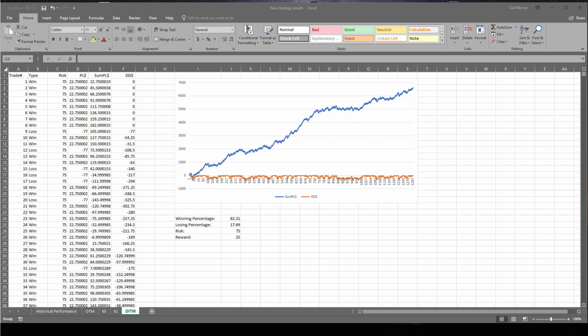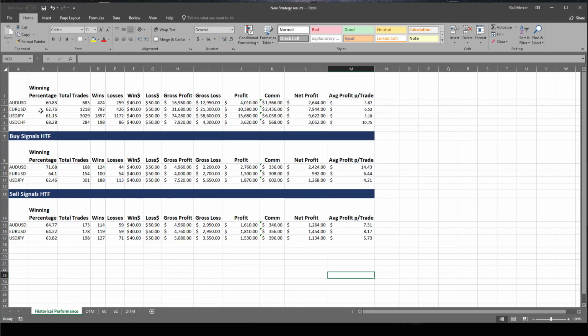Now, the strategies that I have started doing the signals on, you can see each one of them is over the 60% mark. The first strategy on the Aussie is 60.83, on the Euro dollar 62.76, USD JPY 61.15, USD Swiss franc 68.28.